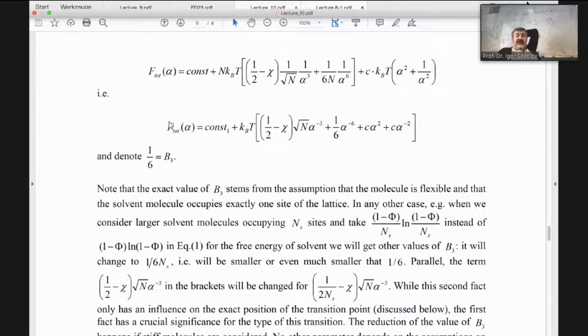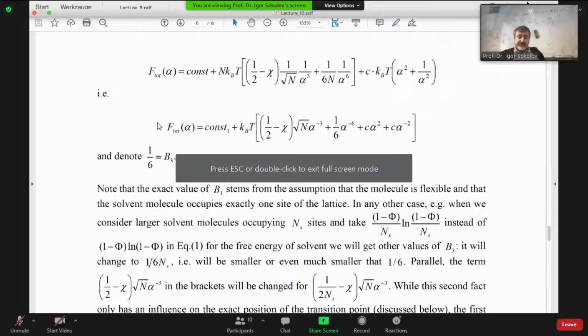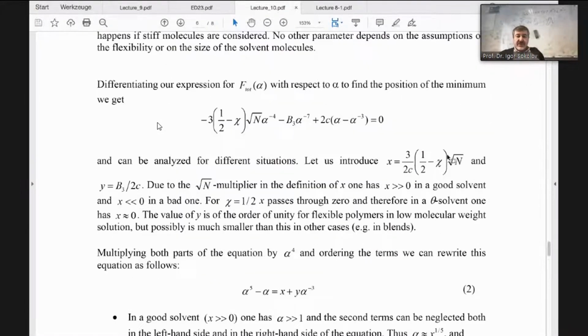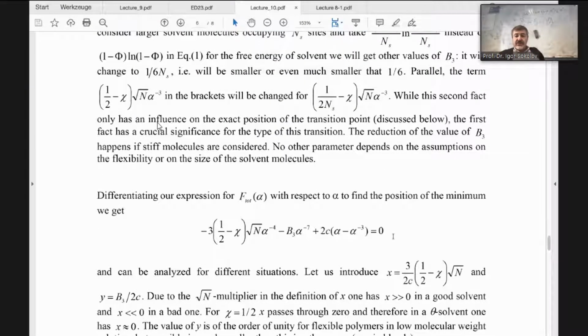And here it can minimize its free energy by getting larger or smaller, by either putting inside more and more solvent and blowing up, or by squeezing the solvent out and getting smaller. Now I differentiate this with respect to alpha and put the derivative equal to 0.